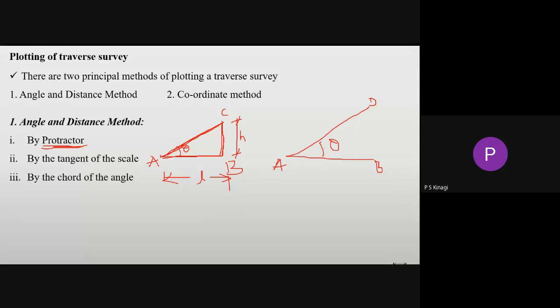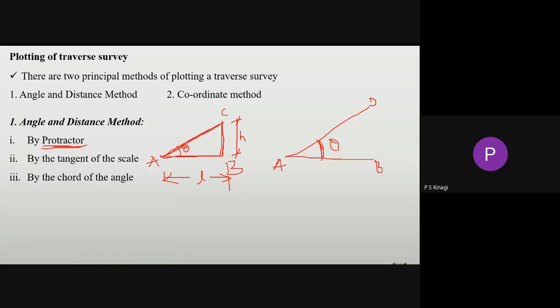Here we don't have any protractor. In that condition, what we have to do first is, at a convenient length, draw an arc. Suppose you draw one arc like this, at the center of point A using our compass instrument.